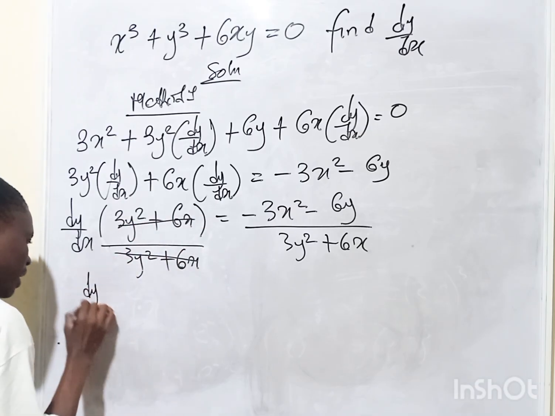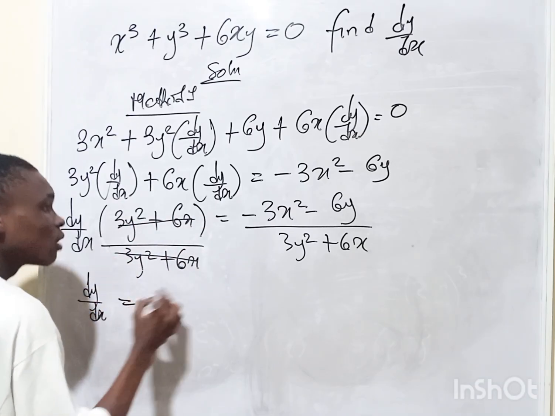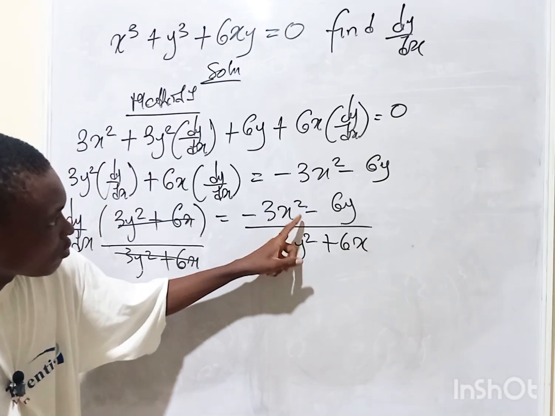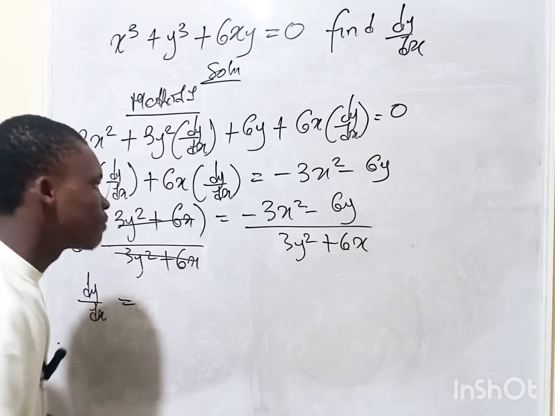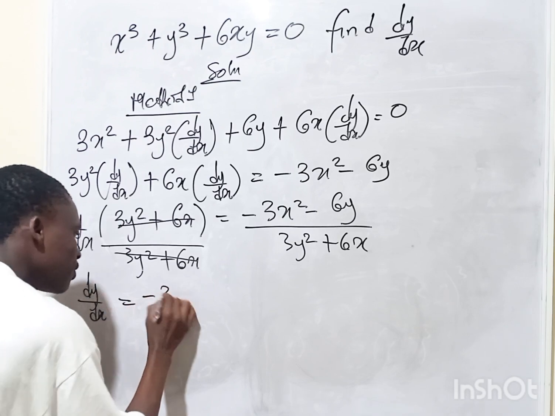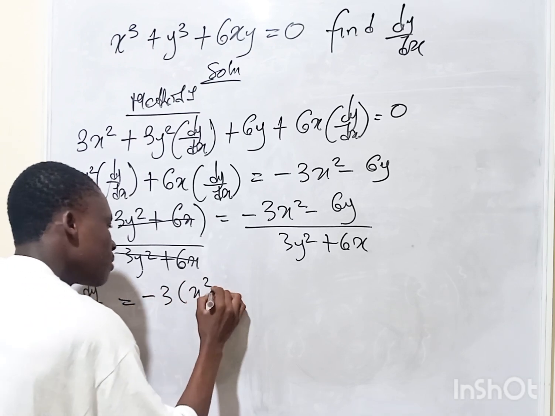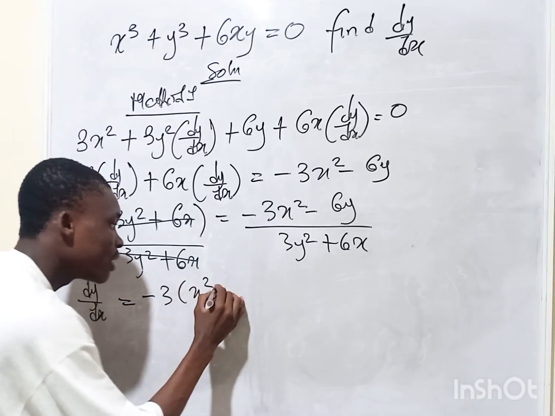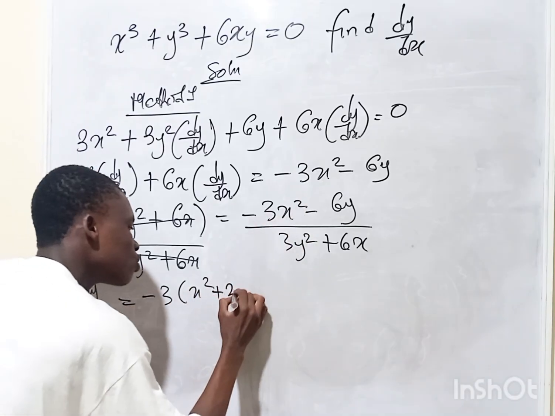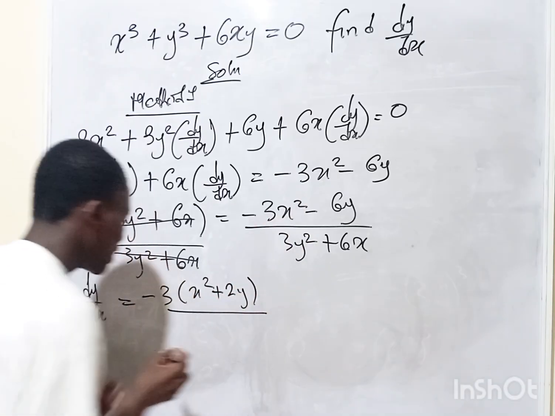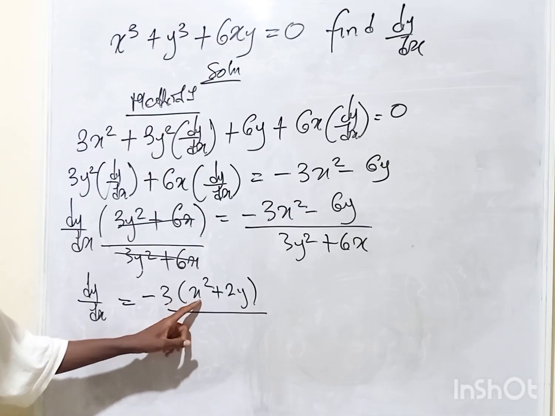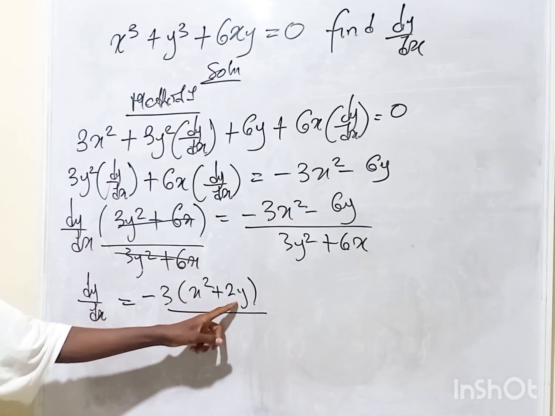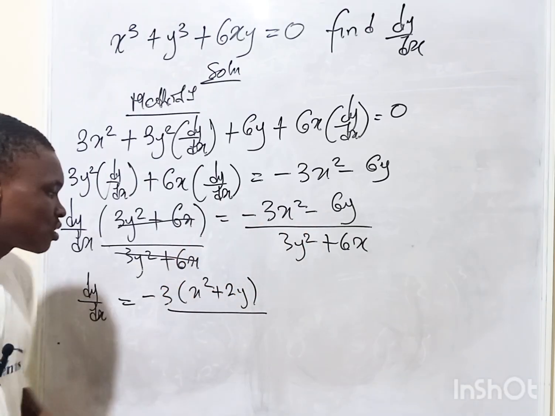I will have dy by dx equals, from here, we can factorize out 3. So if we factorize out 3, we have negative 3 into bracket x squared plus 2y, because negative 3 times x squared gives us negative 3x squared, and negative 3 times 2y gives us negative 6y.